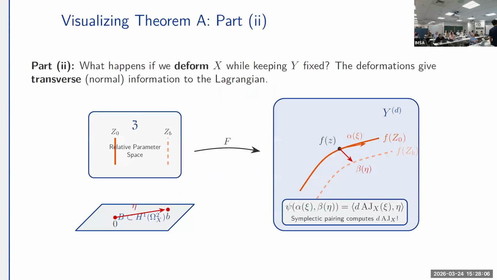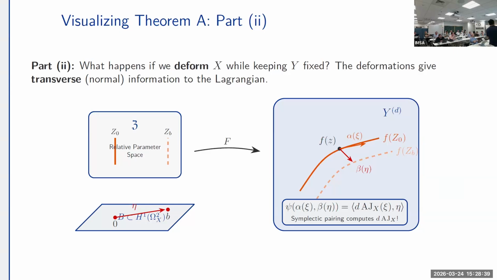Okay, so I have a picture here, just what's happening in this second part of the theorem. So we are looking now at some open bold B inside H1 of Tx minus Y. And instead of having the universal family of deformation of X keeping Y fixed, we are looking at the relative, let's call it final surface, if we think in the cubic threefold case.